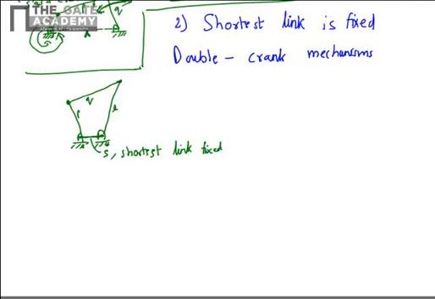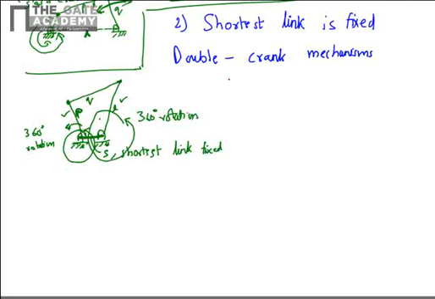So if you consider the geometrical motion of this mechanism, you will find that while P can do a complete rotation, likewise the link L can also do a complete 360-degree rotation. So you have complete rotation of links P and L if the shortest link is fixed.